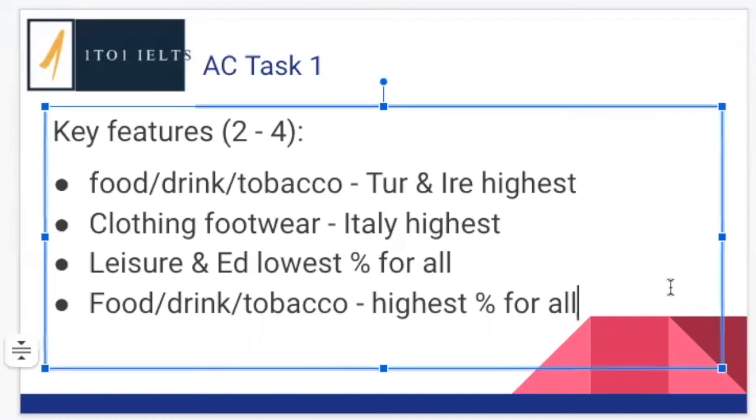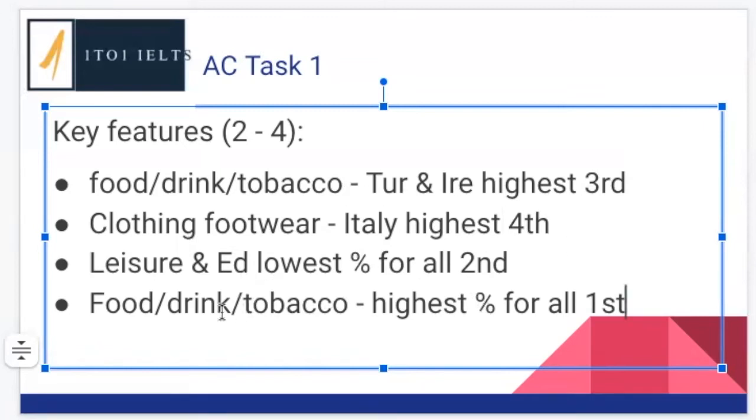The way I would probably address this, normally it makes more sense to talk about highest first, talk about leisure and education second. Then we can go into the specifics. To me, this is the most natural way to address this.